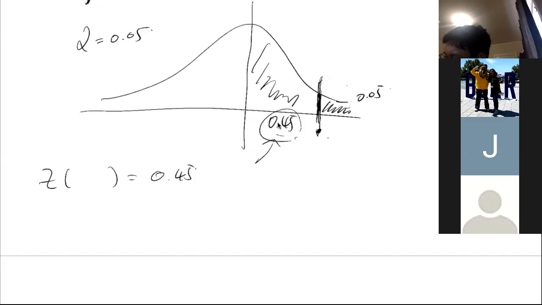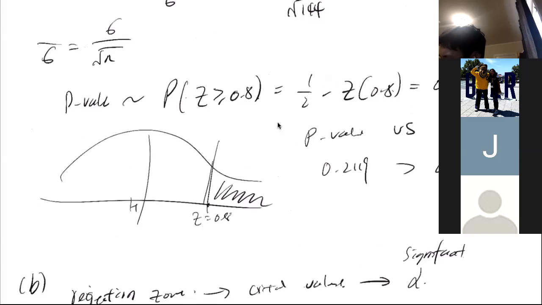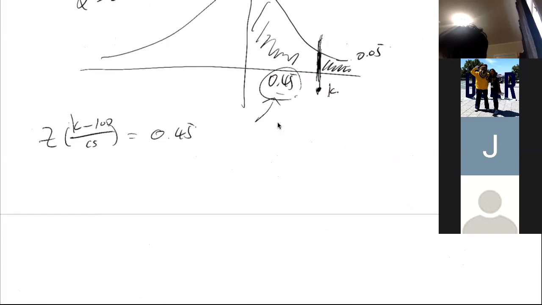And what's that something? Let's assume that the value of this point here is k. So that means the z-score is k minus the mean, which is 100, over the standard deviation, which is 15 over square root of 144. So we just want to do it reverse engineeringly.